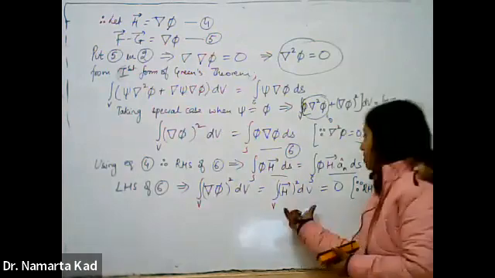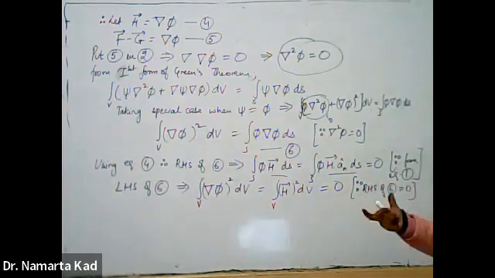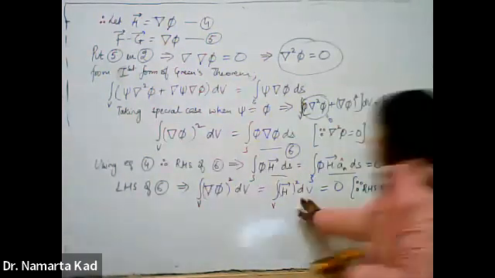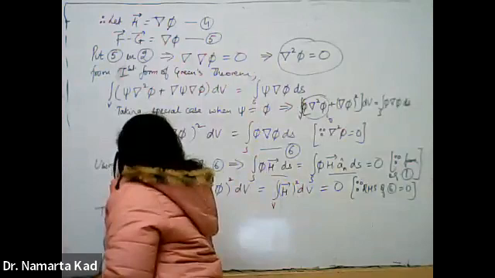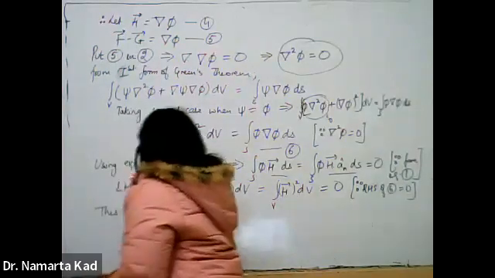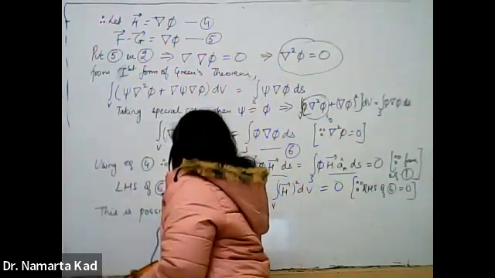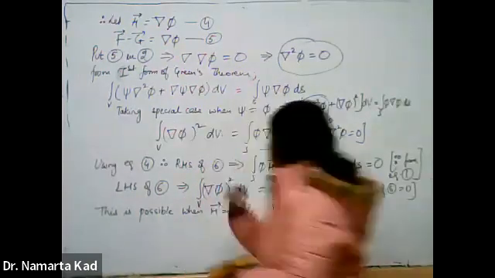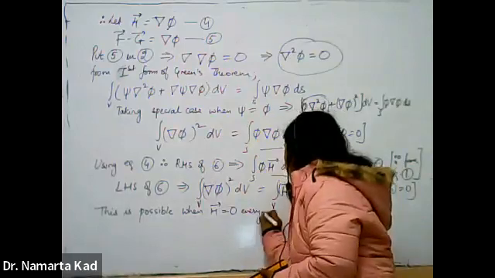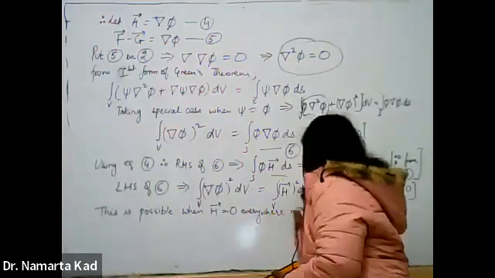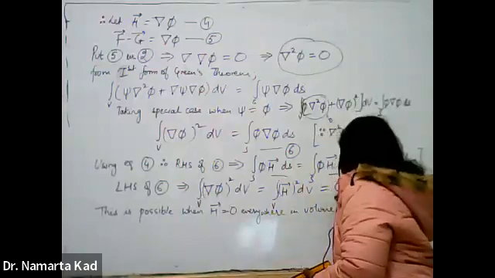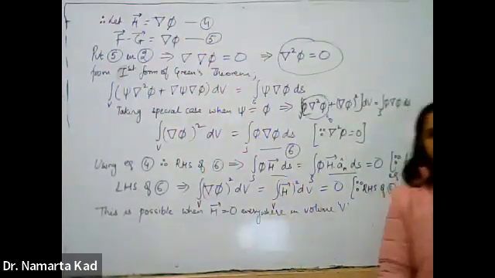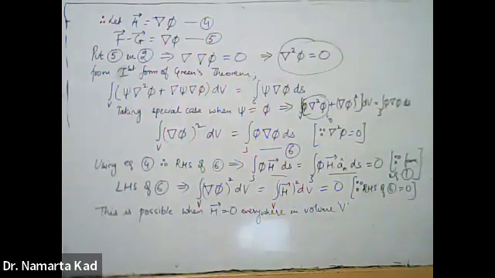That means this condition, the volume integral of h square equal to 0, is possible only when h vector is equal to 0 everywhere in volume V.